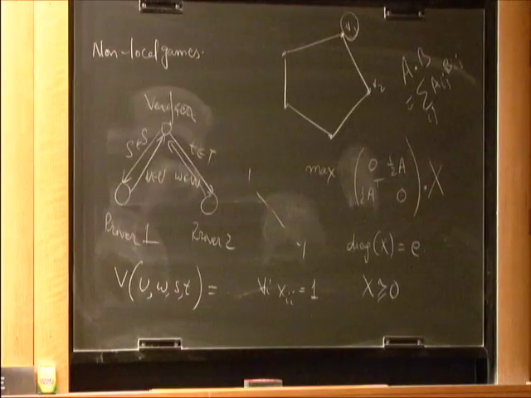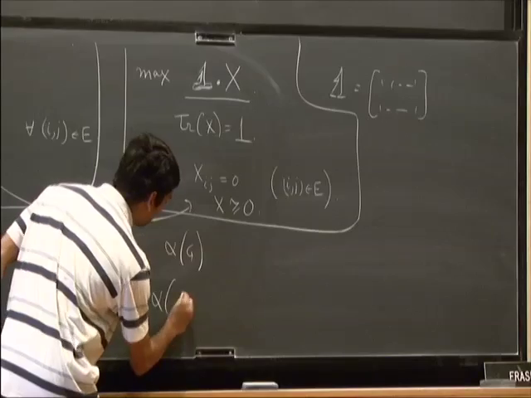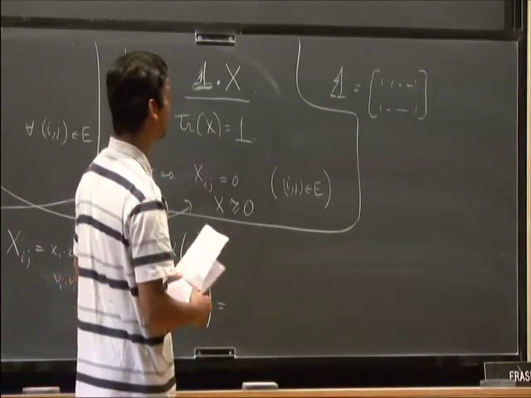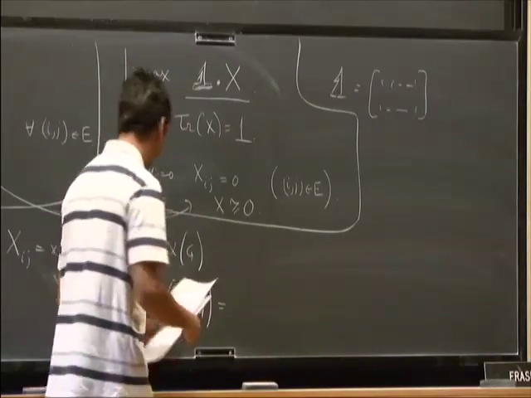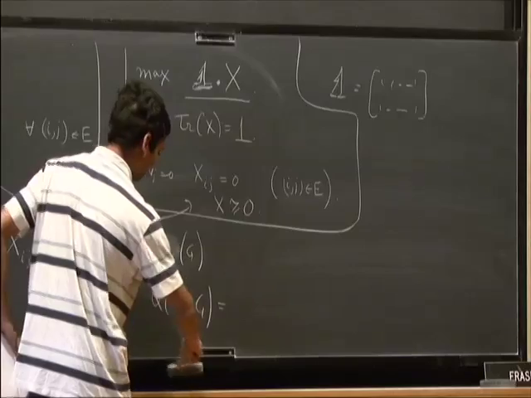In both these cases, these SDPs are useful because they can be proven to multiply well. What I mean is, let G be the graph here, and this is alpha of G. You want to use theta probably because alpha is the standard independence number.